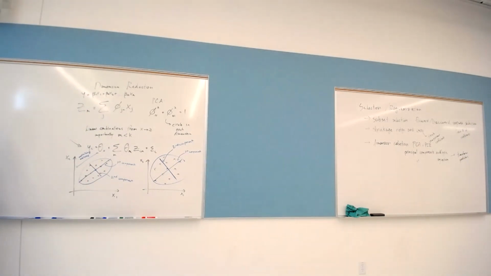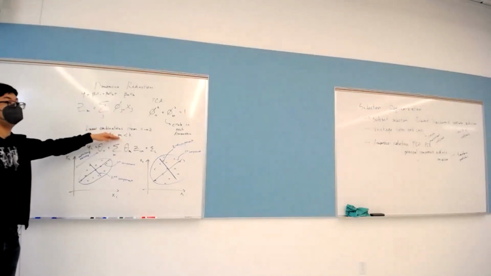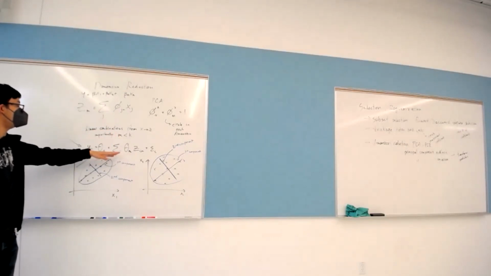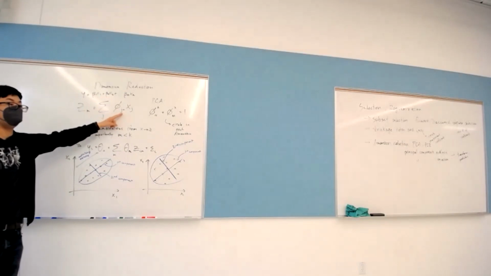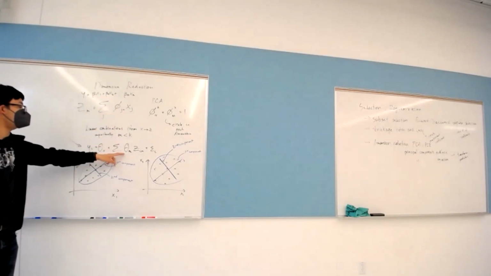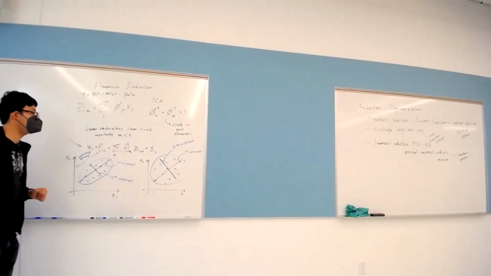So the basic idea of this technique is that your m is always smaller than your k, right? You have fewer overall variables that you're going to end up looking at.